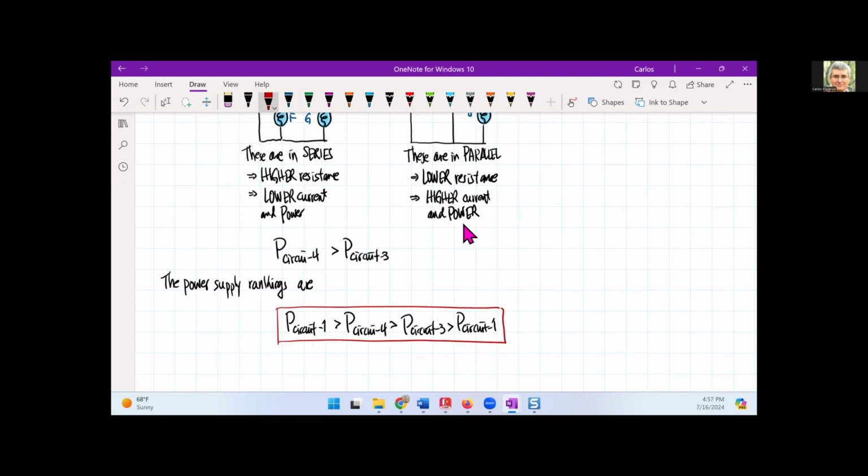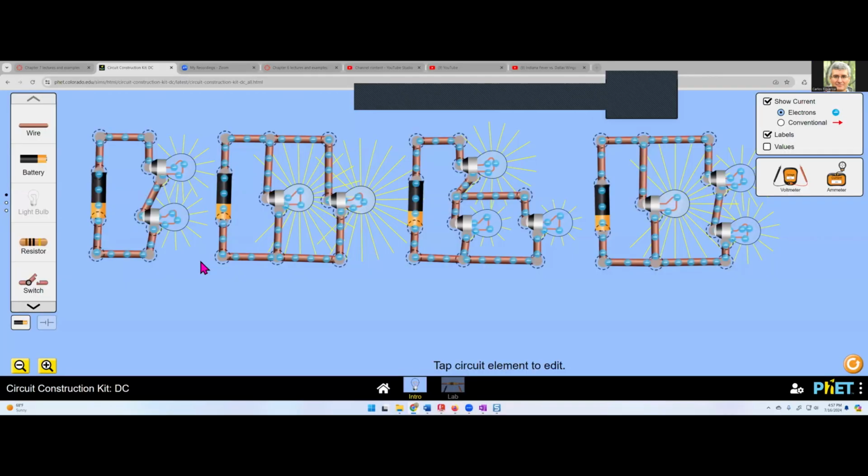So how do we know this? Let's go back to the applet. What we want to compare is the current coming out of the power supply. Each of the power supplies has the same voltage. Look at this current. Now compare to that current right there.